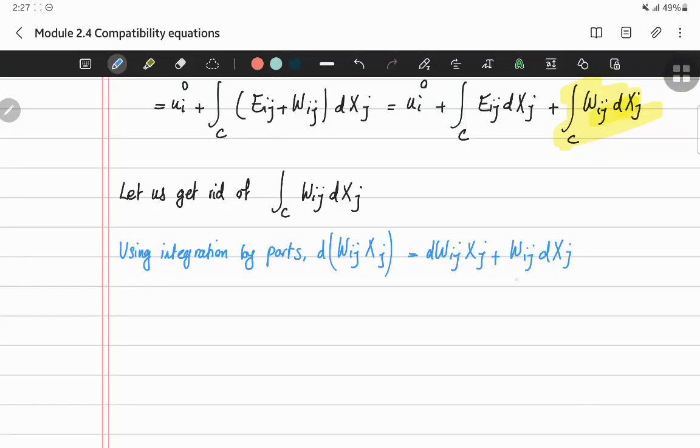So you see here, I have this expression here. So I can write wij dxj is equal to d(wij xj) minus dwij xj.